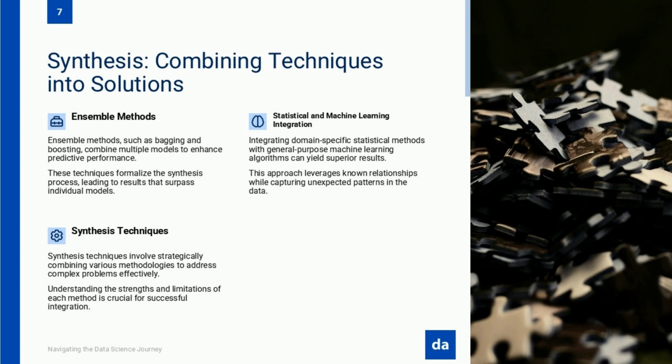One particularly powerful synthesis approach involves combining domain-specific statistical methods with general-purpose machine learning algorithms. The statistical methods encode known relationships and domain knowledge, while the machine learning components capture unexpected patterns and interactions. This marriage of theory-driven and data-driven approaches often produces superior results compared to either paradigm alone.